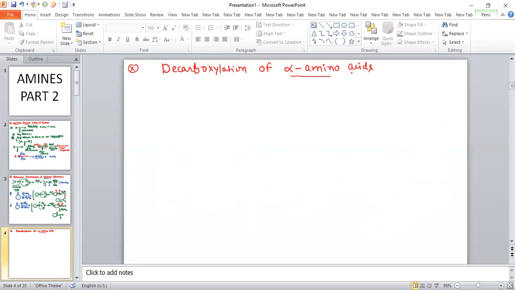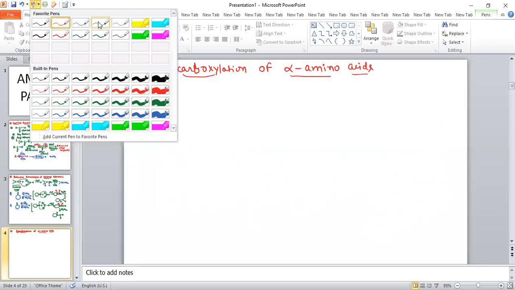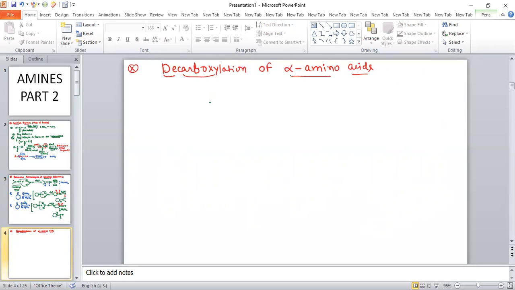We can prepare amines by decarboxylation; De-carboxylation means removal of CO2.